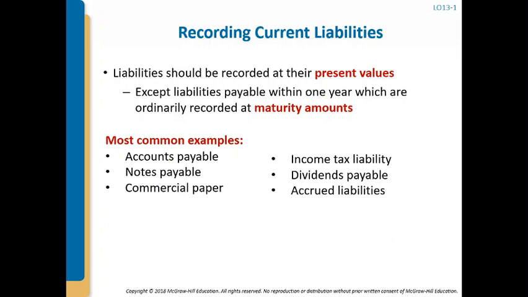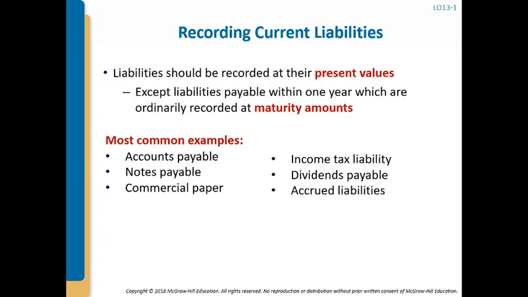So current liabilities, because they're paid within 1 year usually, are recorded at their maturity amounts, or if you will, face amounts, face value. So if you get an invoice for a certain amount, you're going to record that at the amount of the invoice, not the present value of that, because you're paying it within such a short amount of time.